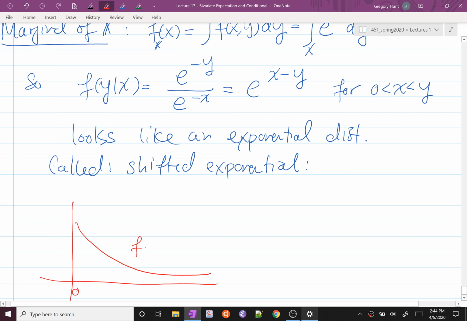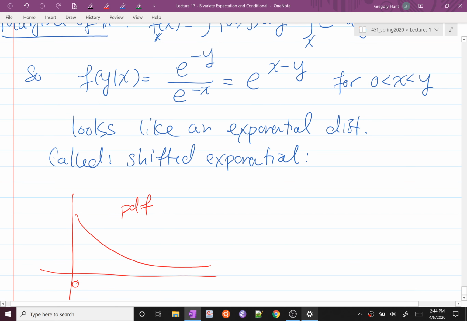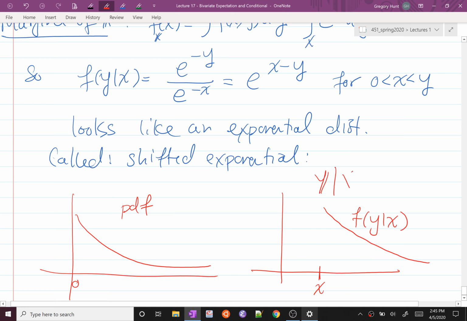So this is our PDF. And what ours looks like is if I start at the value x, it goes like that, starting at x instead of starting at 0. And so this is f of y given x. So y given x is some value little x. It has a shifted exponential distribution. So it's basically an exponential, but instead of starting at 0, it starts now at x. So that's kind of cute, right?